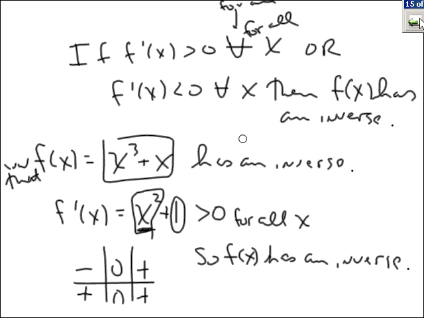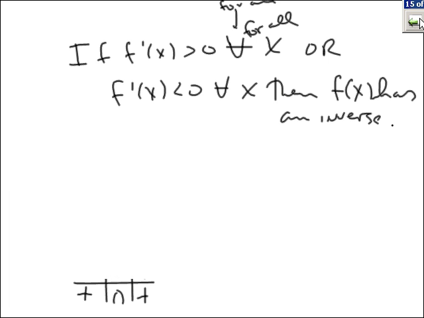You take the derivative of a function and you show that it's always positive, and you say, yep, it has an inverse. Or you show that it's always negative and you say, yep, it has an inverse. Or you show that it's both, sometimes positive and sometimes negative, then it won't have an inverse.